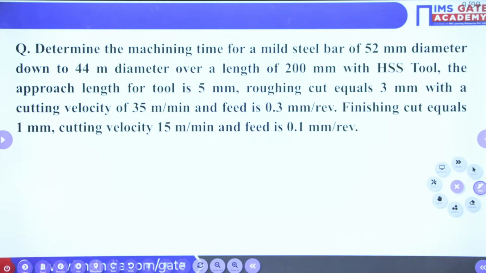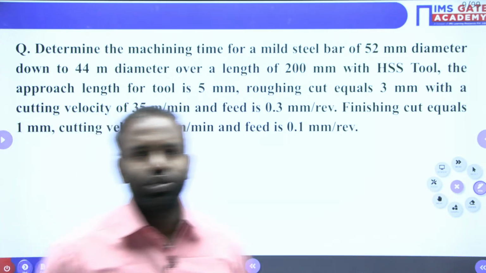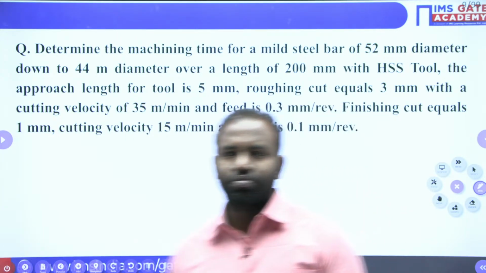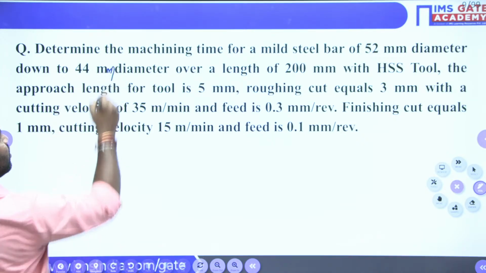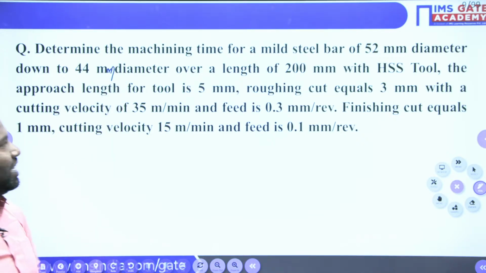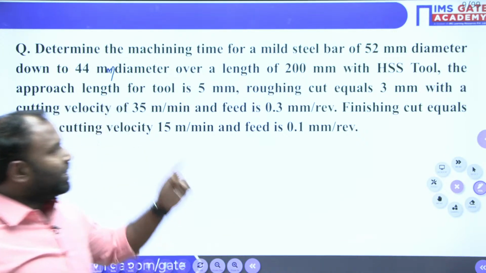Next question. Have a look at this question. Determine the machining time for a mild steel bar of 52 mm diameter down to, it is not 52, 44 mm diameter over a length of 200 mm with an HSS tool.